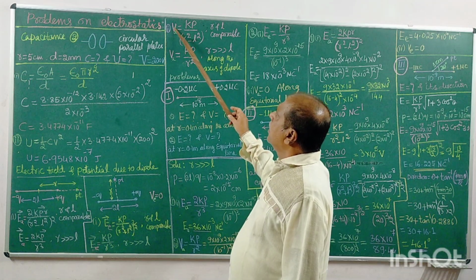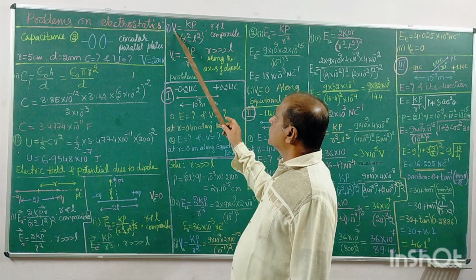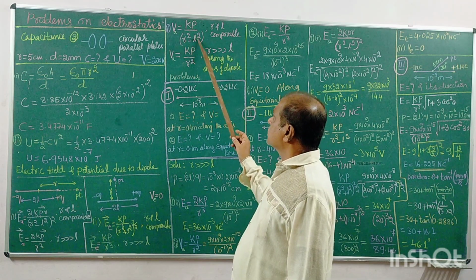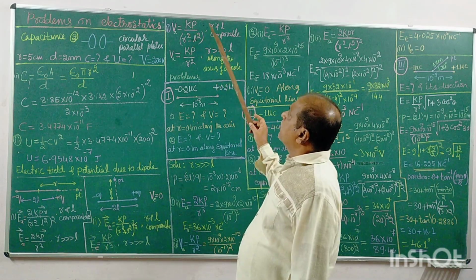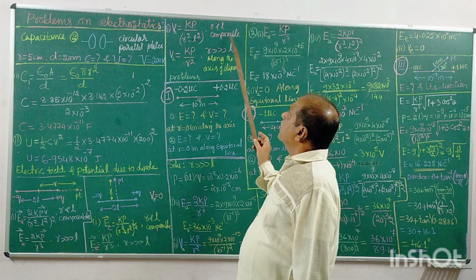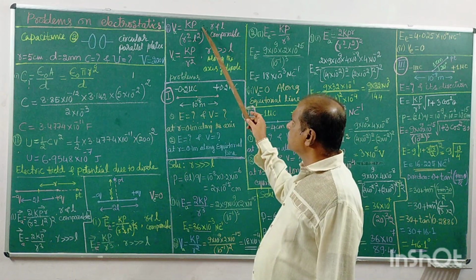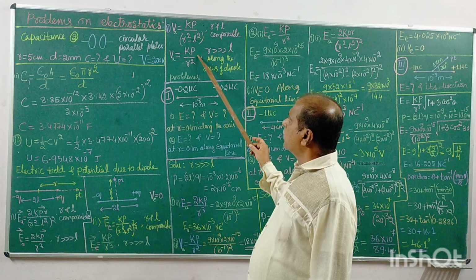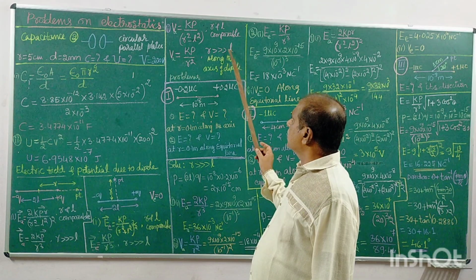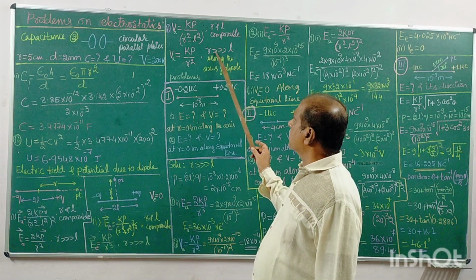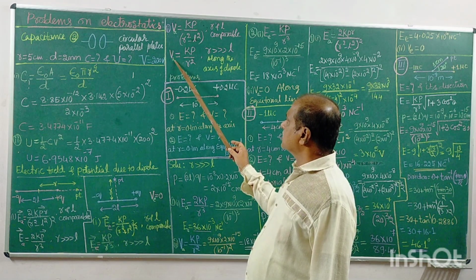What does V stand for? Potential at this point along the axis. That is kp divided by (r square minus l square). Look at the difference in the equation. This equation is applicable when R and L are comparable. The same equation reduces to kp by r square if R is far greater than L, that is, potential along the axis.